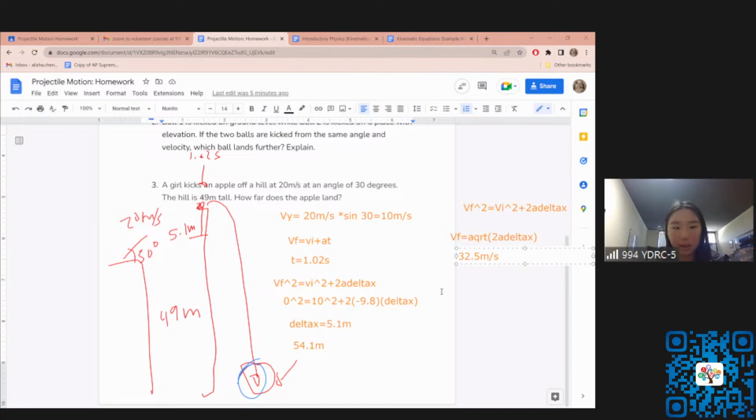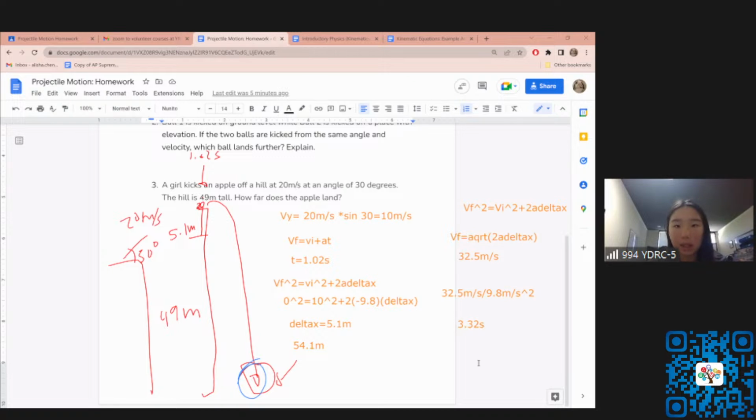So that's v final. Then we just want to calculate the time it takes, which is 32.5 meters per second divided by 9.8 meters per second squared. That ends up being 3.32 seconds.